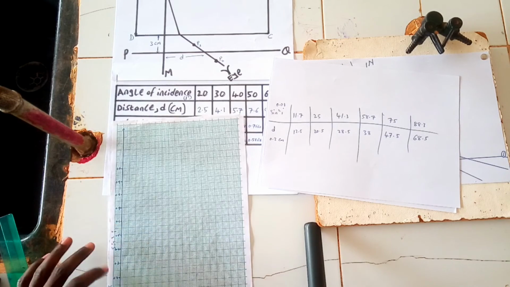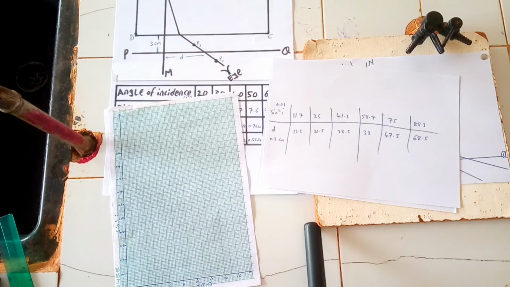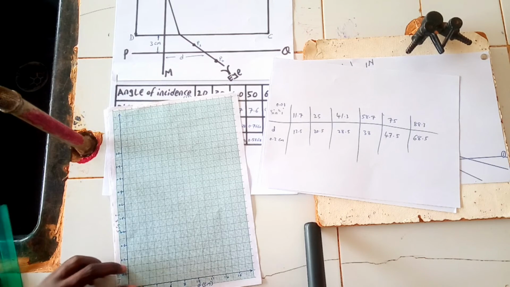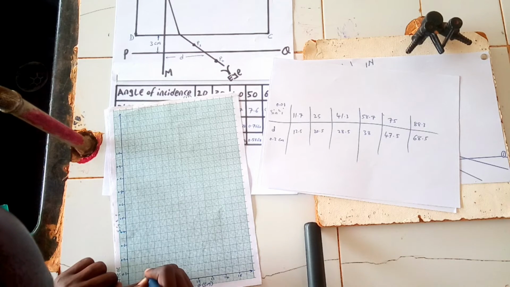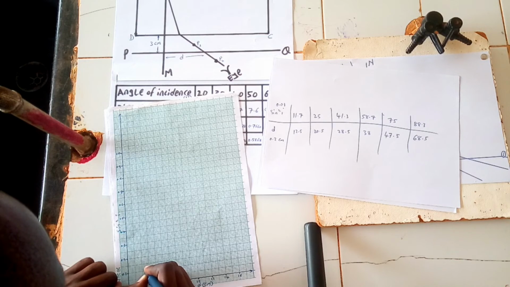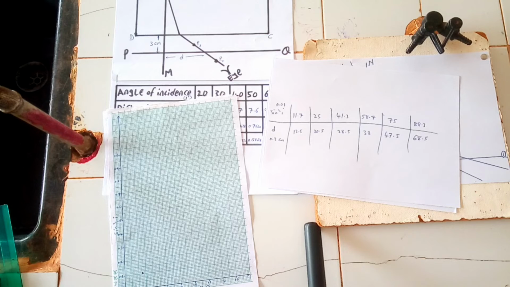So we start with the d. 12.5 squares. These are 10. 12.5 is here. We go up 11.7. So 10, 11.7, 12.5. There. That is the first value.